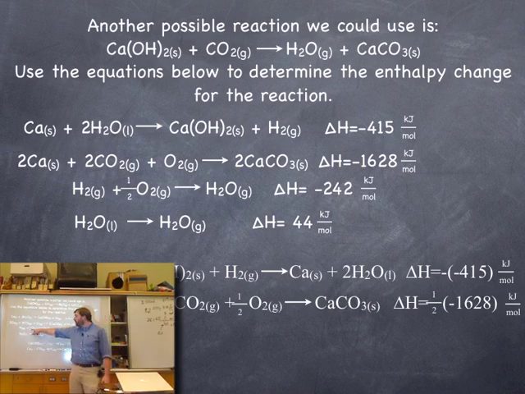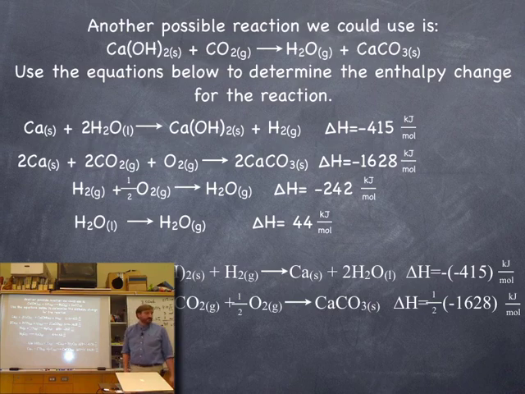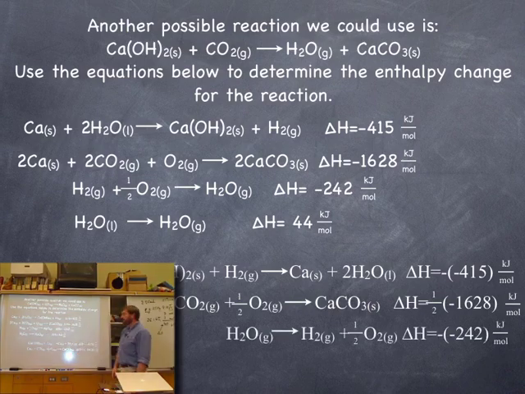Half of an oxygen only occurs in this third equation. But they're both on the left-hand side, so I know I have to change this equation to make the oxygens cancel out. I don't need to multiply. It's 1/2 oxygen, 1/2 oxygen. I need to take this equation and flip it around. Now these oxygens will cancel out.